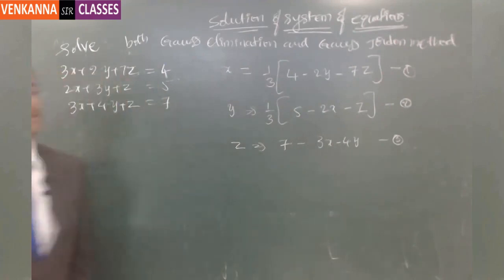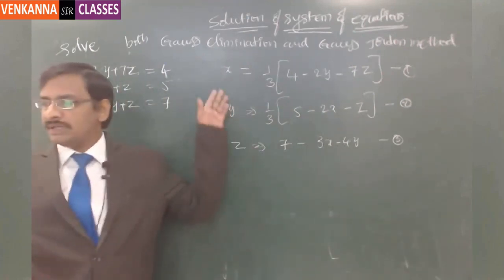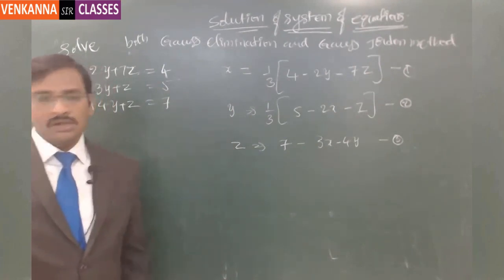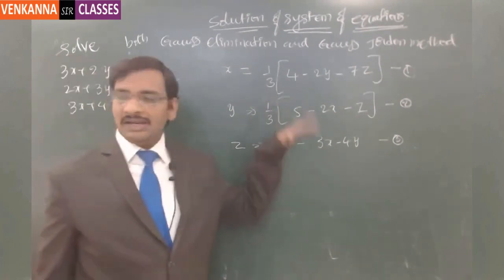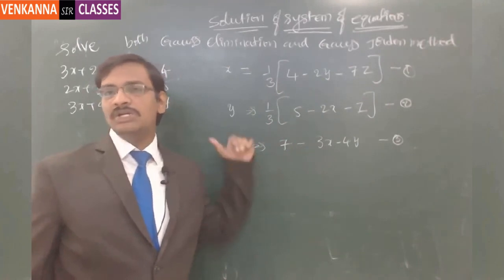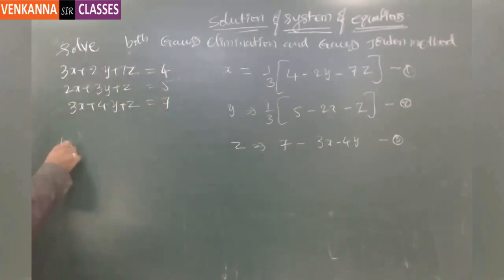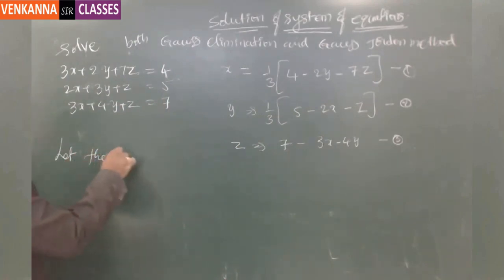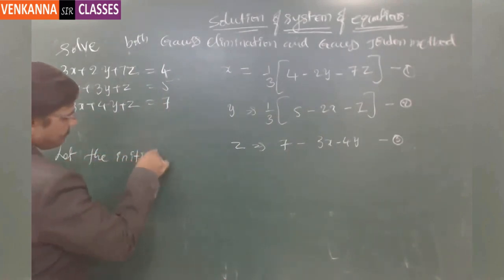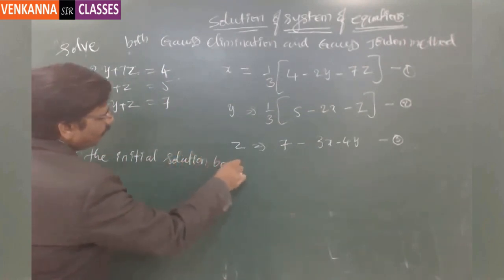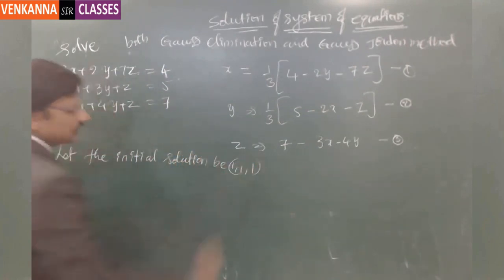So out of all the 3 available equations, I will express one as x equal to, another as y equal to, another as z equal to. Now you start iterating by calculating these values by assuming a random initial solution. Let the initial solution be 1, 1, 1.